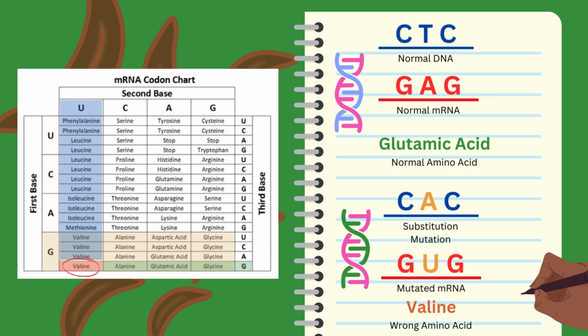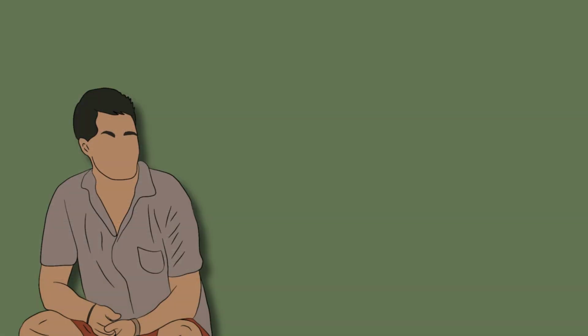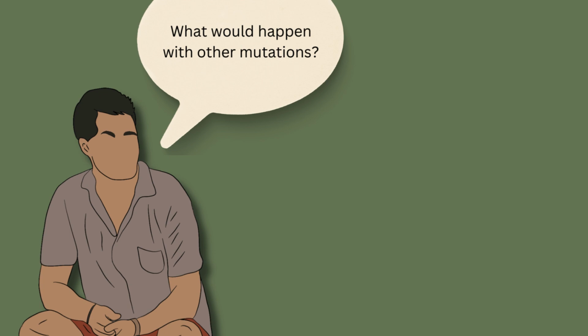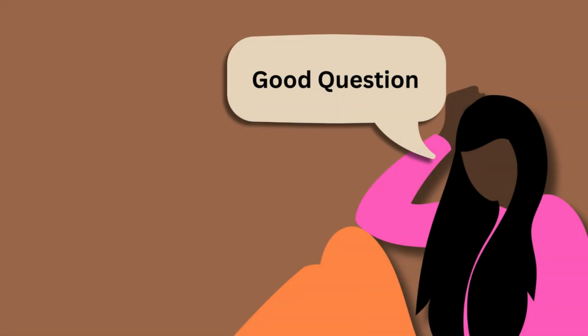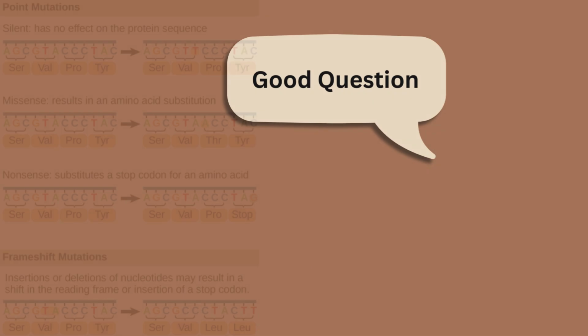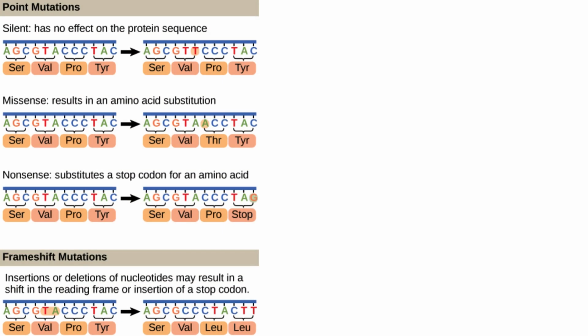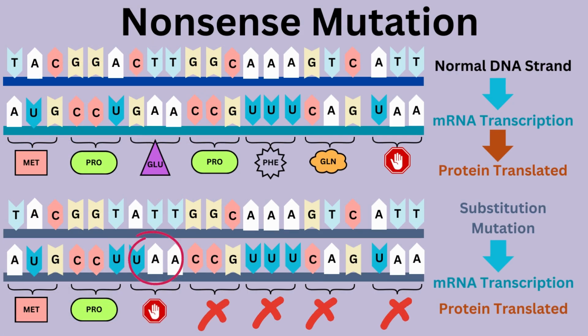Marco, intrigued, asked, "What would happen with other mutations?" "Good question," Zoe said. "Different mutations can cause different changes in the resulting protein. If a mutation introduces a premature stop codon, it can create a truncated and non-functional protein, like in Duchenne muscular dystrophy.